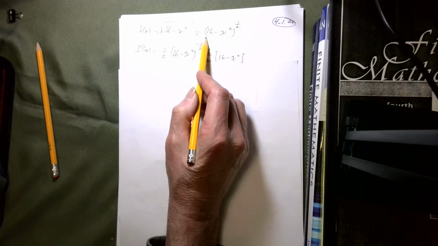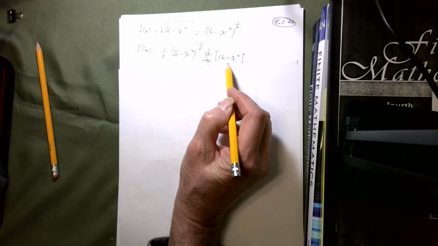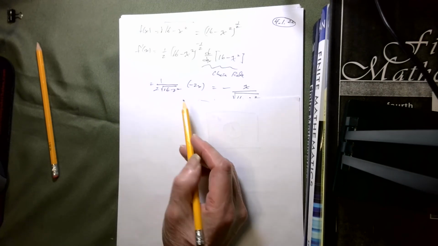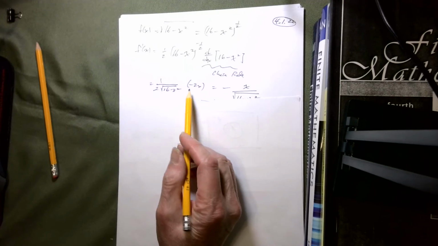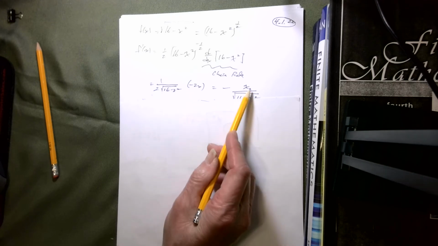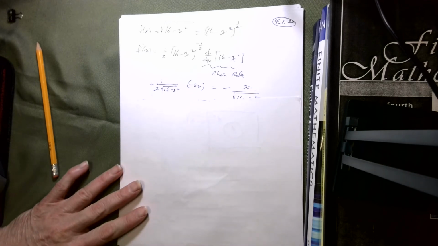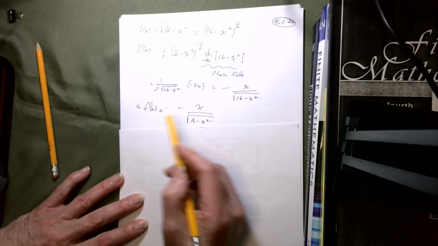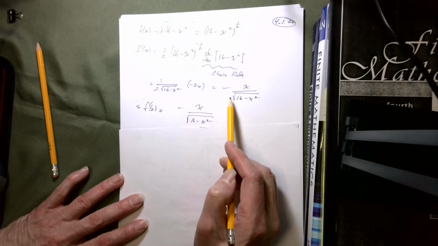Derivative of 16 is 0. Derivative of x squared is going to be the minus 2x, just what I've got here. And so the 2's are going to cancel. I'm left with a negative and an x on top. Okay, so my derivative is this.